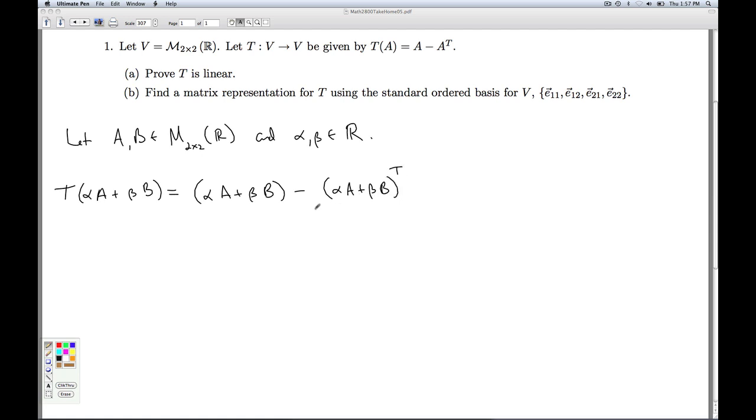I'm going to use properties of transpose here on this last quantity. The transpose of a sum is the sum of the transposes. The transpose respects scalar multiplication.